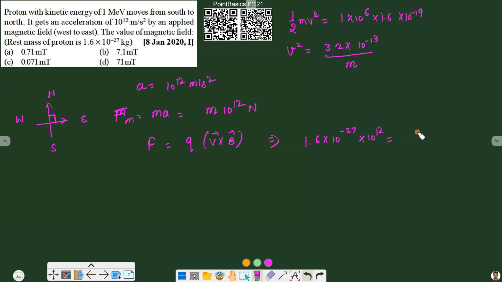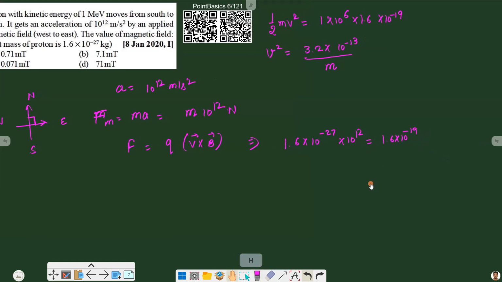And charge is not mentioned here, but we will take the default value for charge, that is 1.6 into 10 raised to power minus 19, into velocity, and that velocity will be equal to under root of 3.2 into 10 raised to power minus 13 divided by the mass. Mass is 1.6 into 10 raised to power minus 27, and we have the magnetic field B here.